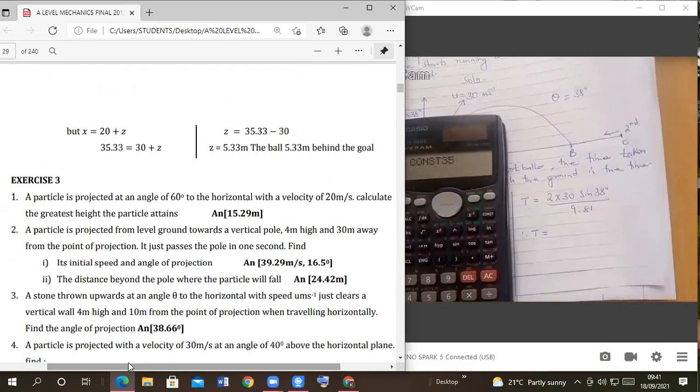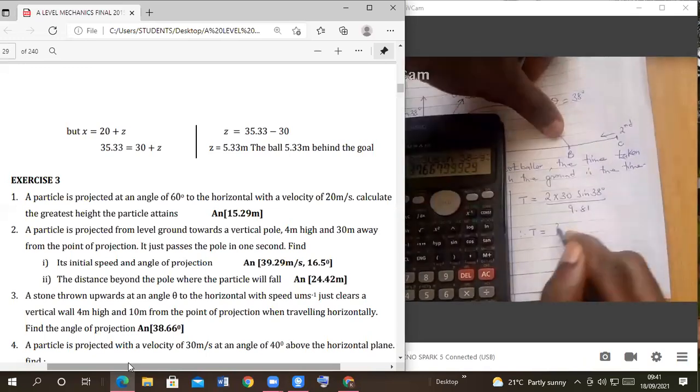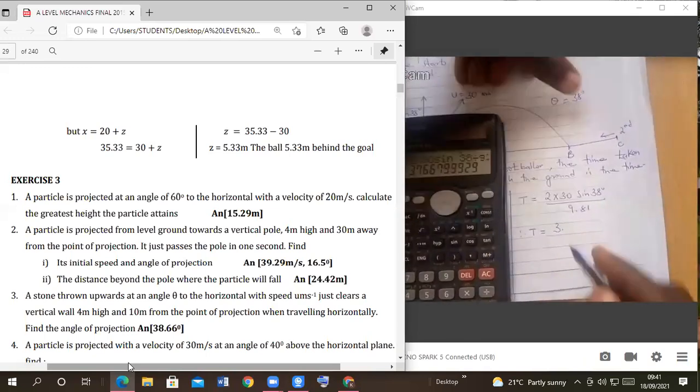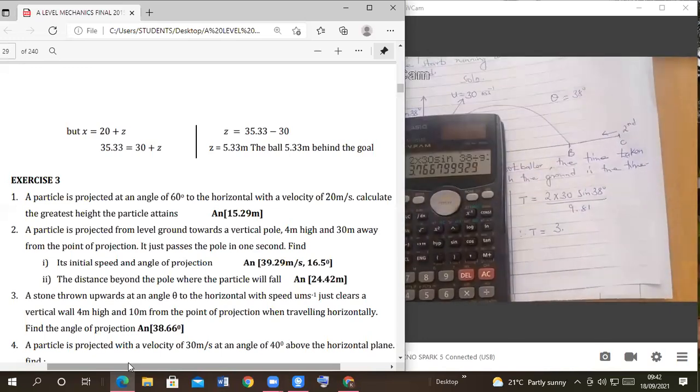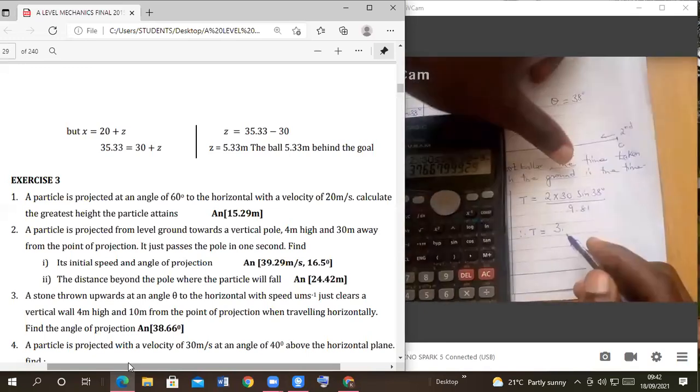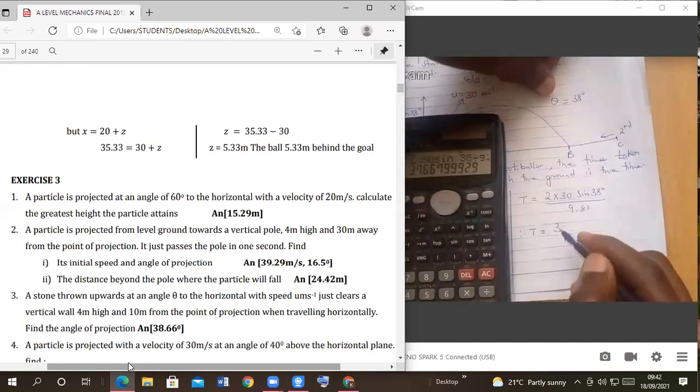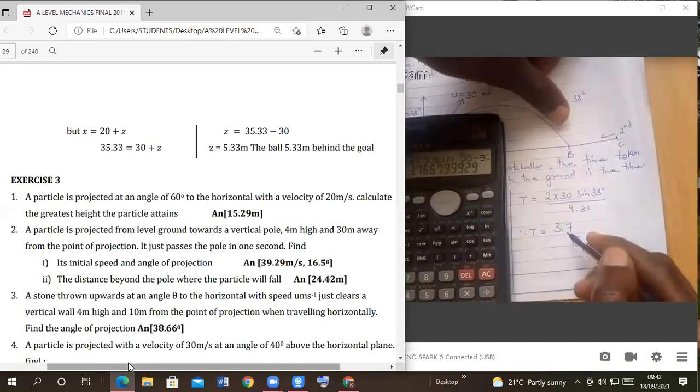I've got 3.7655. You got 3.7655, like mine there, not so? What about Stephen? Stephen, is that what you have got? Yes, 3.7655.